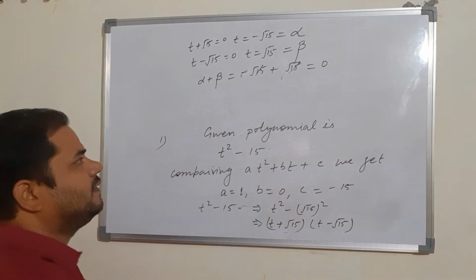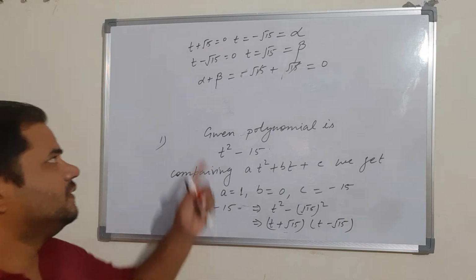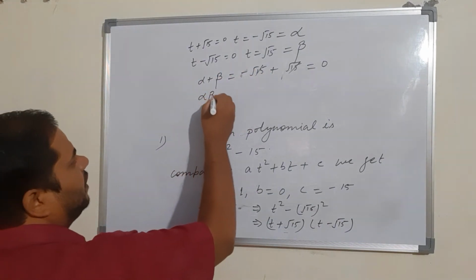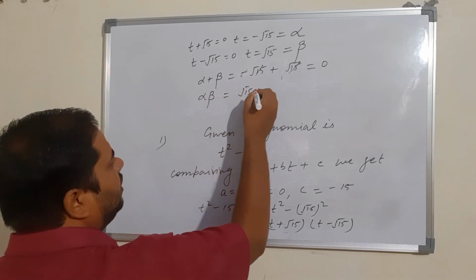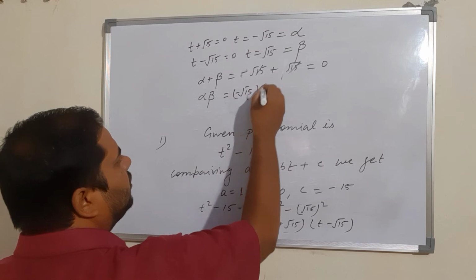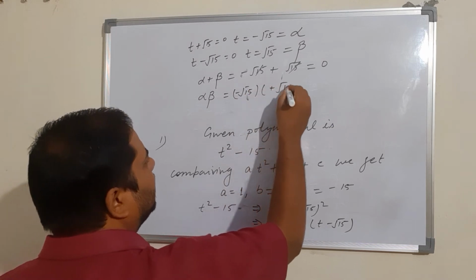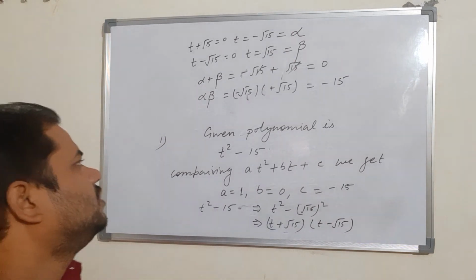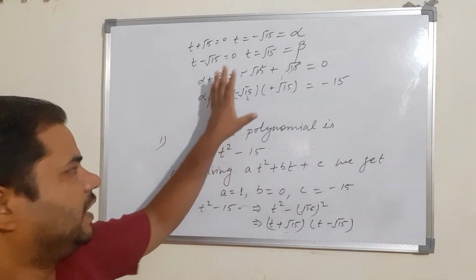That means the sum is 0. The product alpha beta is minus root 15 into plus root 15, and this is minus 15.